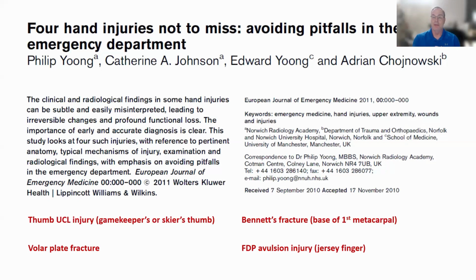This session is going to be recorded, so you'll be able to access this reference when you review, if you choose to review the YouTube session. But yeah, one of those injuries is going to be jersey finger, right? And that's what we've highlighted with this question.